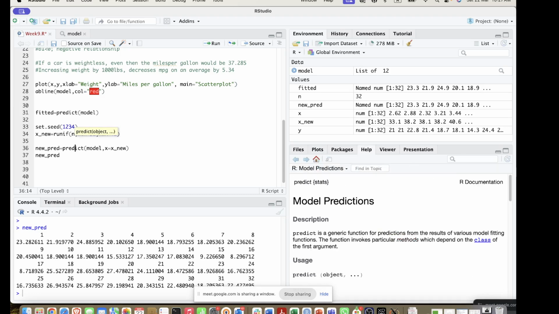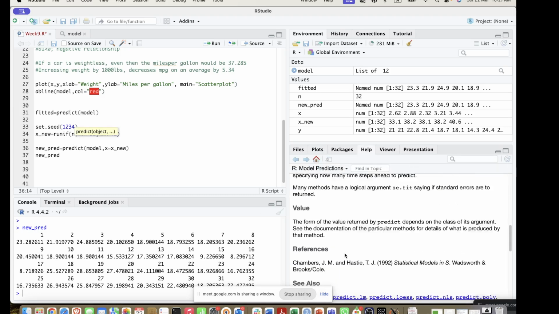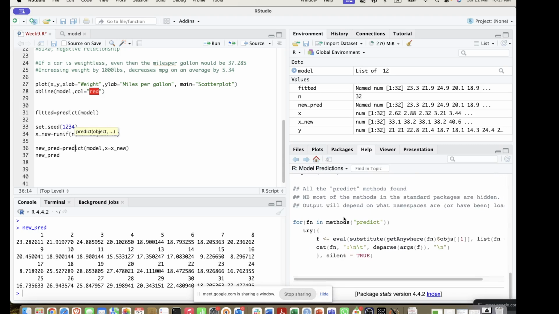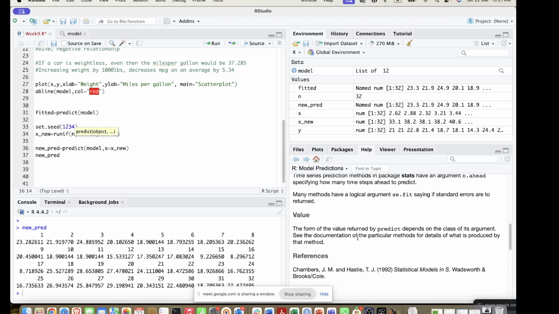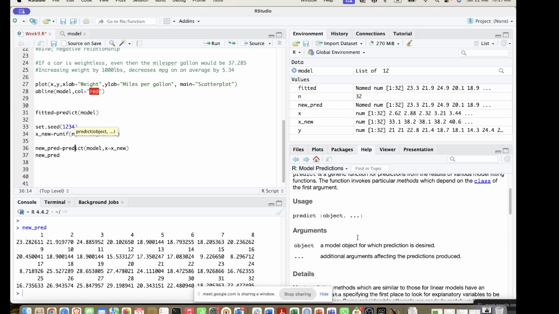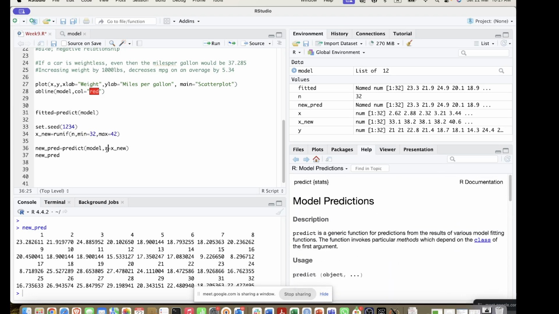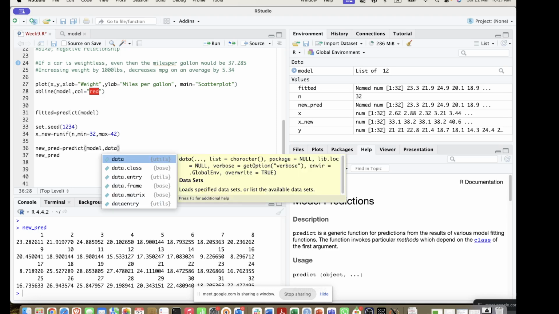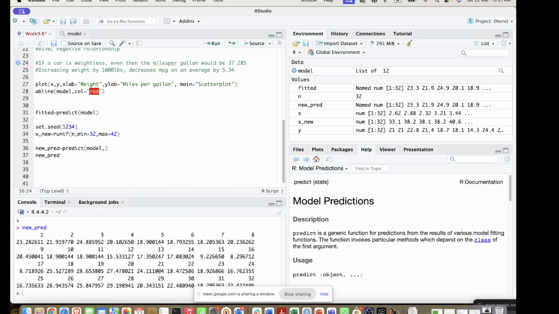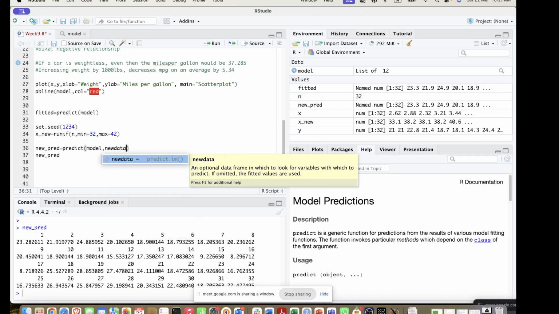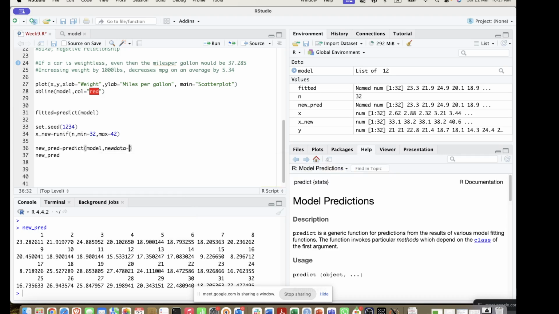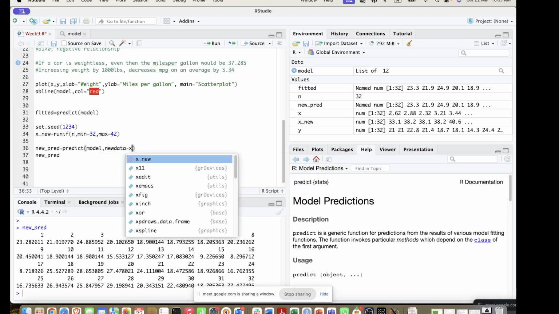Let me just see this predict function once again. Yep. Okay. So if I give newdata equal to x new.